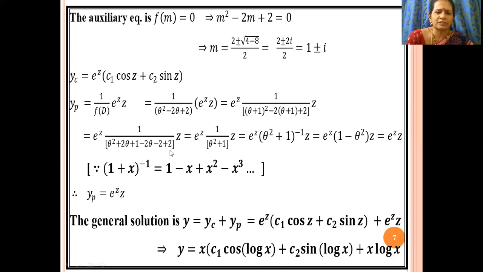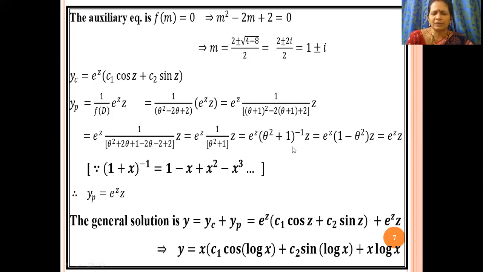So we'll get this. Simplify this, then this is in the form of theta square. In the last lesson I discussed the same problem. There we added 2 because the a value there was 2; here the a value is 1, so we added 1. So this is in the form of, then apply the binomial expansion formula, since we have the formula.